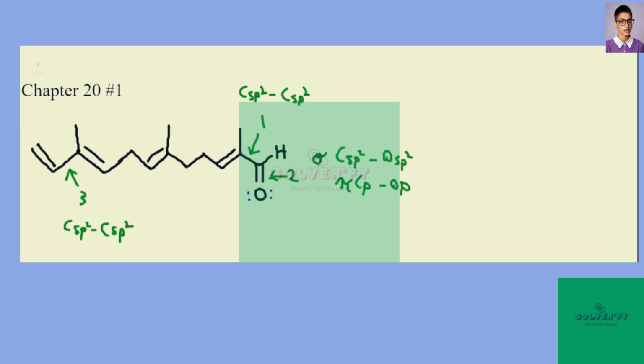The oxygen is going to be sp2 hybridized. Since the oxygen is sp2 hybridized, the lone pairs are going to be in sp2 orbitals.